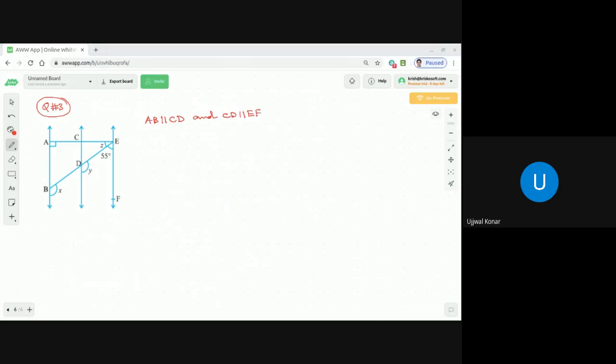Also, it is given that EA is perpendicular to AB. These are the three things that have been given. Now, as you see, there are three angles X, Y, Z as shown in the diagram.